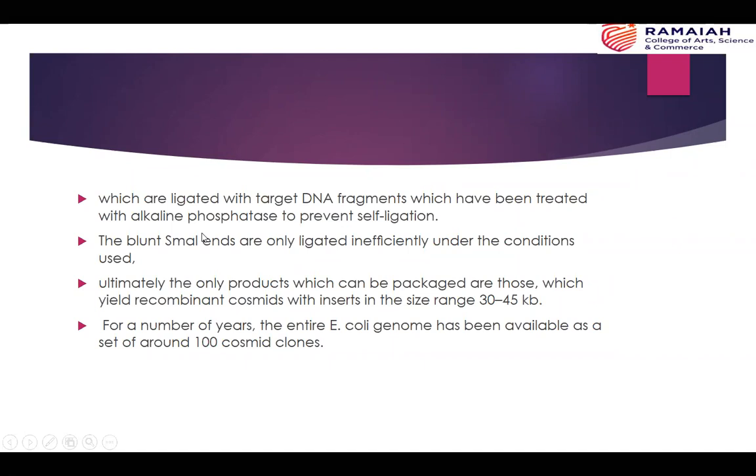That's the reason why the site for the SmaI enzyme has been incorporated between the two cos sites. So in that case, the only products which can be packaged are those recombinants with the insert size in the range of 30 to 45 kb.